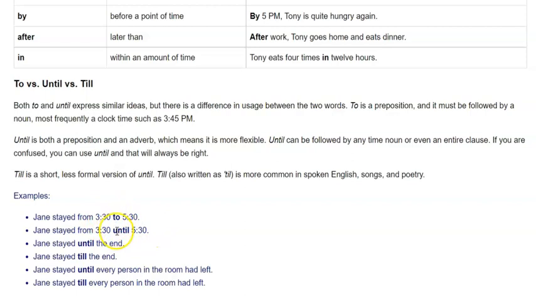The purpose of the to and until prepositions is the same. Jane stayed until the end, and Jane stayed till the end. Both describe exactly the same events. Jane stayed until every person in the room had left. Jane stayed till every person in the room had left. So these are similar examples.